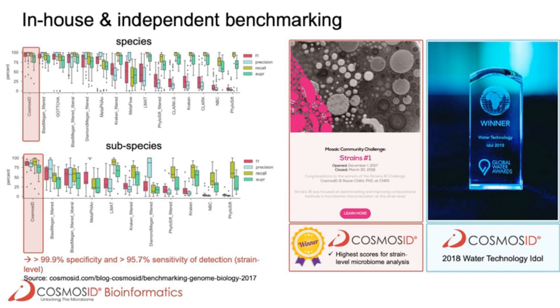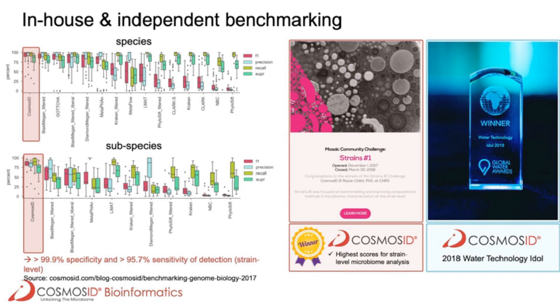The next figure in the middle of the slide represents a recent challenge called the Mosaic Clinical Strain Detection Challenge 1, sponsored by the Johnson Human Microbiome Institute and DNAnexus. The focus of the challenge was to assess the ability of bioinformatic tools for strain level identification and abundance prediction. We are very proud that CosmosID won this challenge by delivering microbiome analysis at strain level accuracy and industry-leading sensitivity and precision.